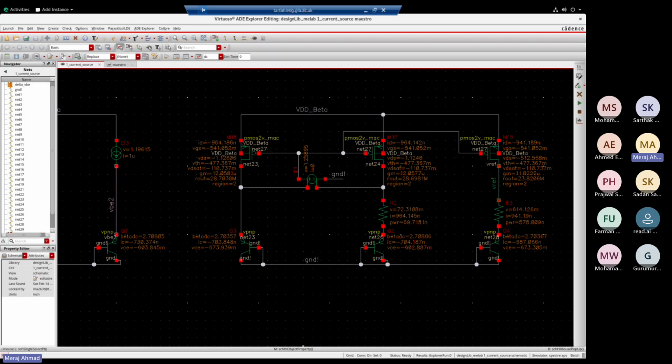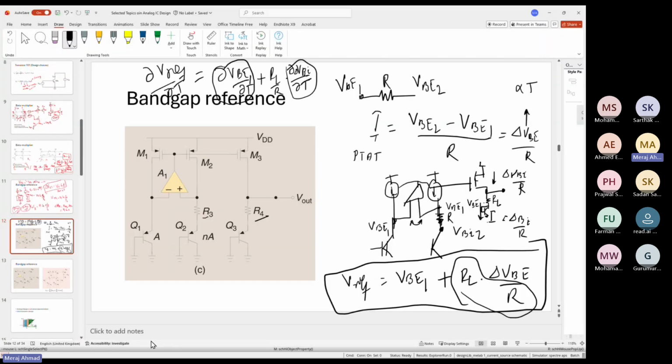So the missing part was how you set the current.